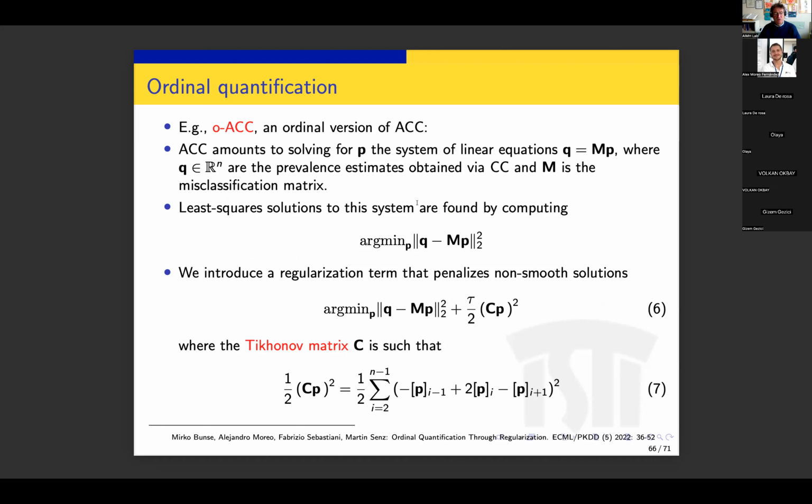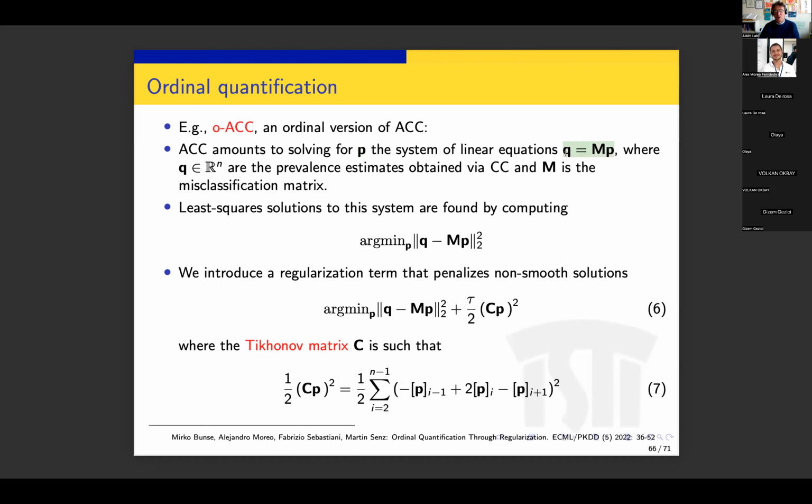Okay, so the ordinal variant of ACC goes like this. Let me recall that ACC amounts to finding a vector of class prevalence values by solving this system of linear equations.